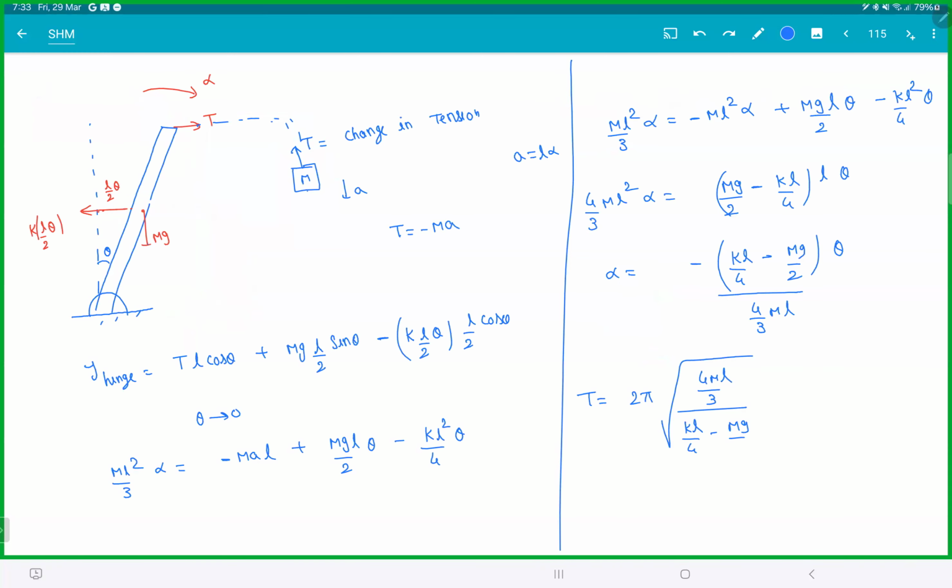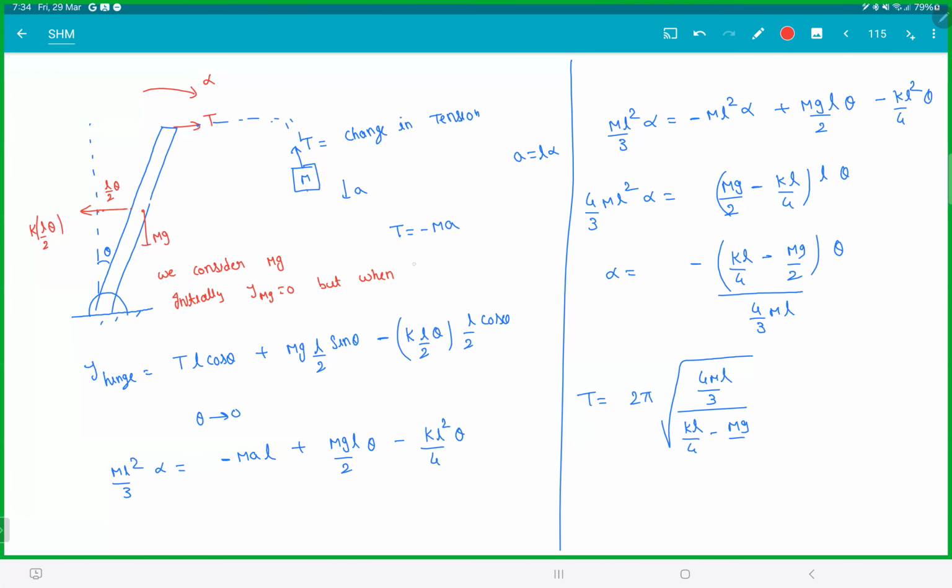Please look at the steps here. The one common mistake that I see people doing is they write T is mg. This T is not constant. So in this we consider mg because initially the torque due to mg is 0, but when displaced, it is not 0.